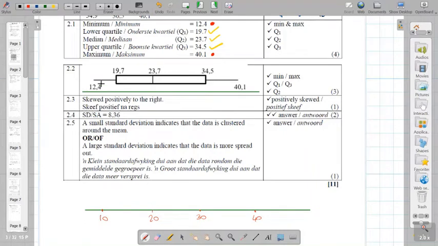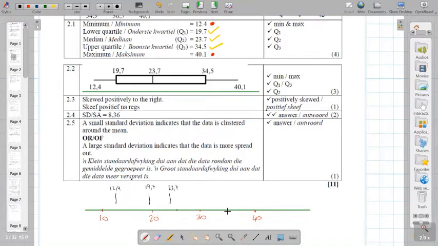How does it work? 12.4 is the first one, so it should be somewhere here. Then 19.7 should be just before 20. Then the median, 23.7, must be before the midpoint of 20 and 30.